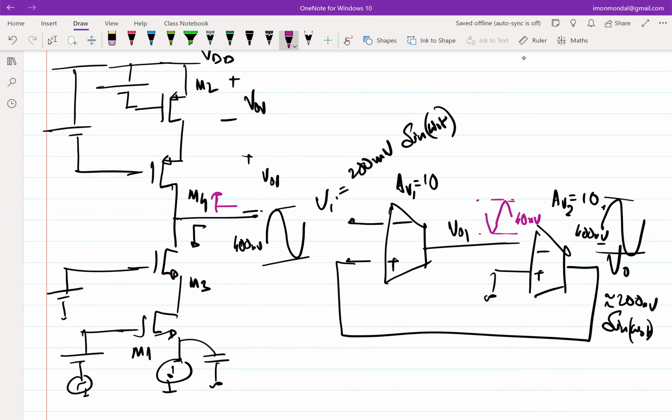The loop gain is 100, so 400 millivolt divided by the loop gain, approximately 4 millivolt. So the difference between the plus and the minus terminals will be approximately 4 millivolt. You can also figure that out from here: you have a 40 millivolt swing at this node divided by the gain of the first stage, which gives 4 millivolt. 4 millivolt is the difference between the two terminals, not one of the terminals only. Okay, any questions?